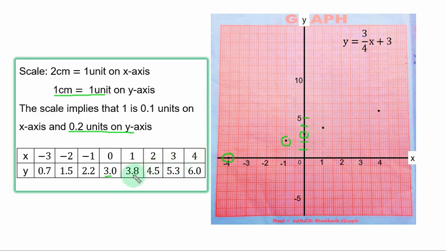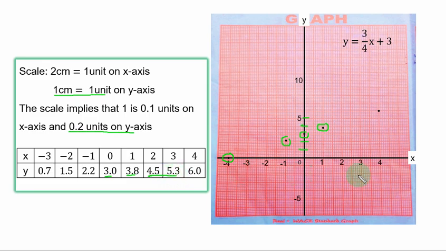Let's jump to this point. It's an even number. When s is 1, y is 3.8. So after 3, you count about 4 lines up, because one line is 0.2. So you have it at this point. When s is 4, y is 6, because you cannot locate these points directly.